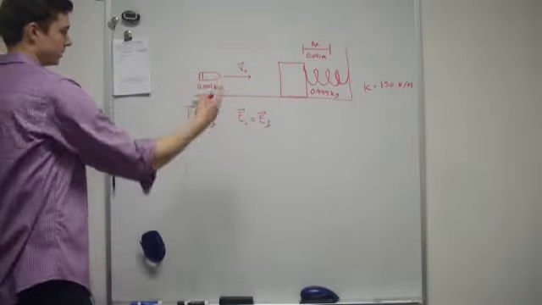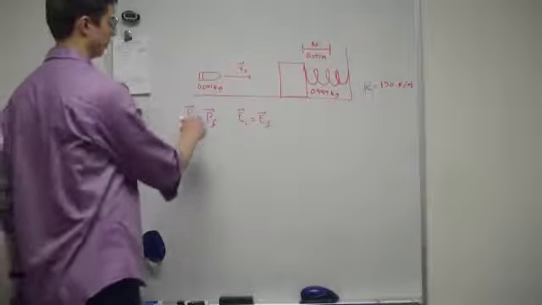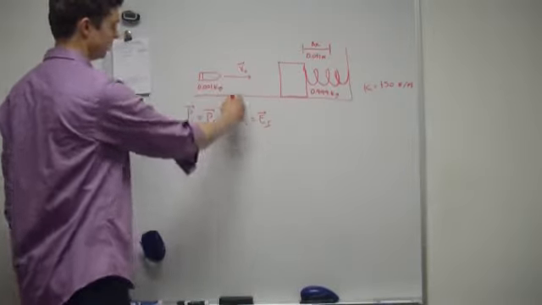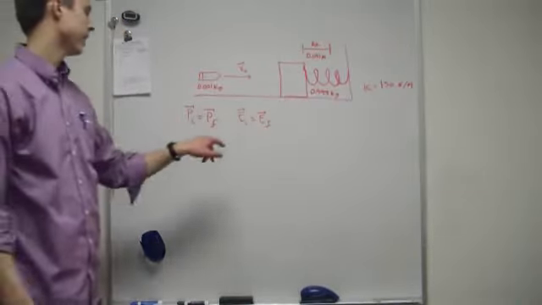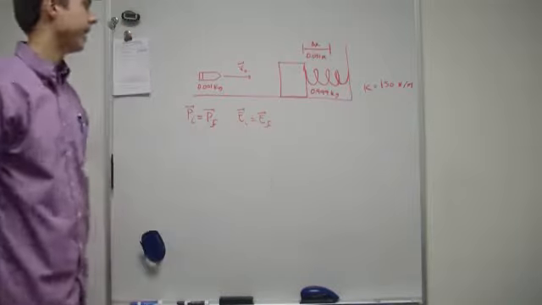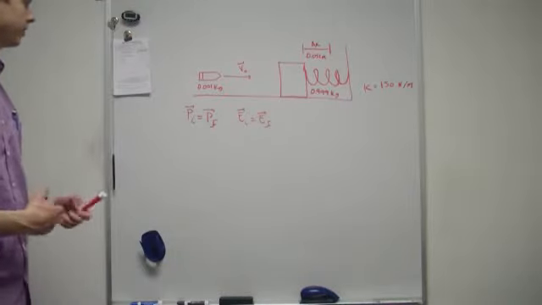The bullet's momentum we can't solve for yet because we know its mass, but we don't know its velocity. So let's go ahead and start with looking at the energies, because we can start to get somewhere with energy.